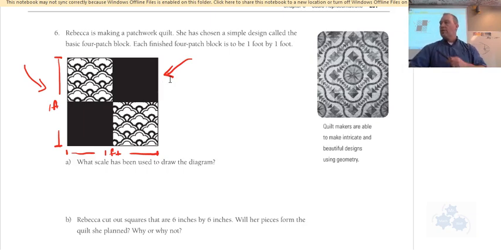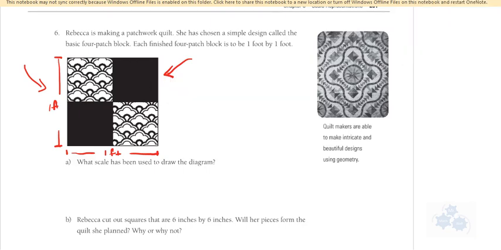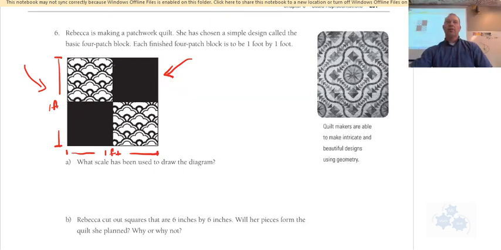If you don't have a ruler, you can come up quickly and borrow one of mine, and then we'll measure these up. So again, we're measuring the whole thing here, not just one block, but the whole square. You got 5.9 centimeters? 5.2? You got 5.2? Okay, that's a big difference.